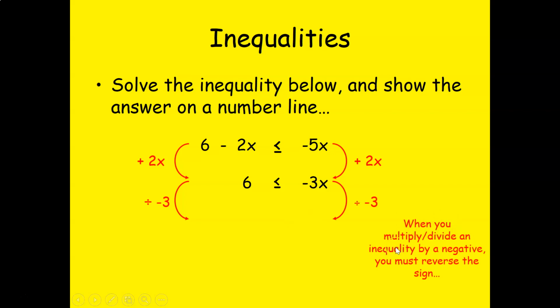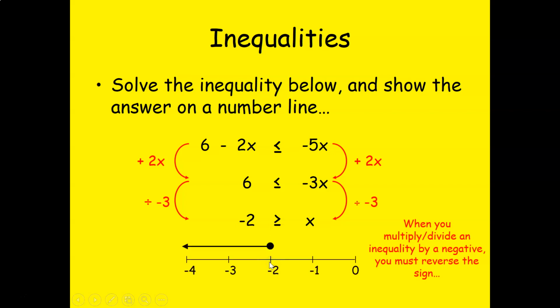And when you multiply or divide an inequality by a negative, you must reverse the sign. So we have negative 2 is greater than or equal to x. Since this is less than or equal to, it will be changed to greater than or equal.